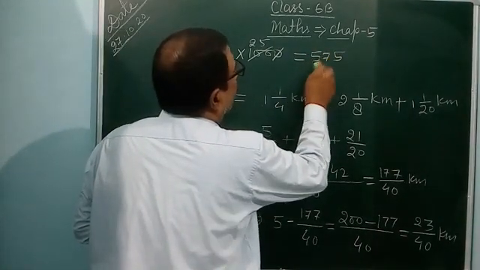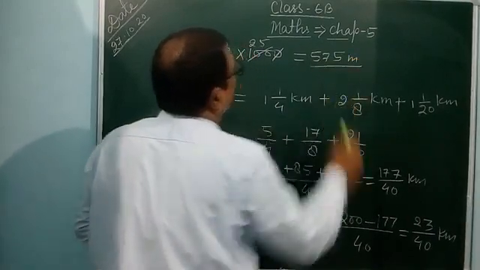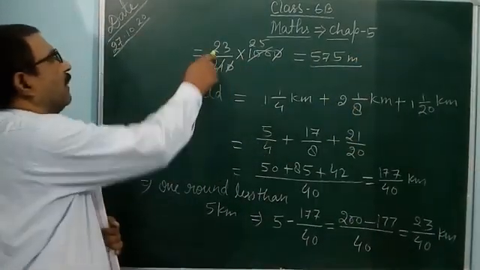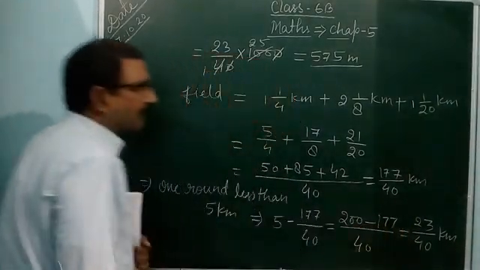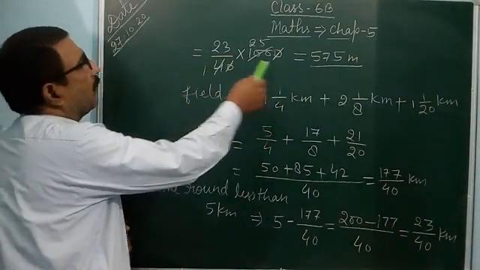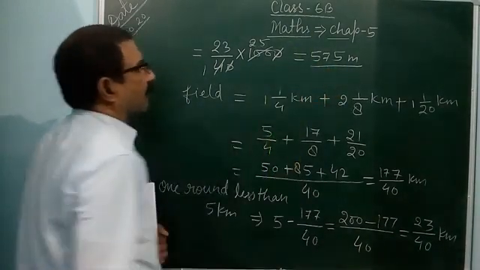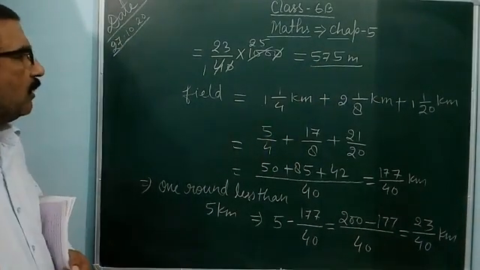So 575 meter. Also you can say 23 by 40 kilometer, or 575 meter.